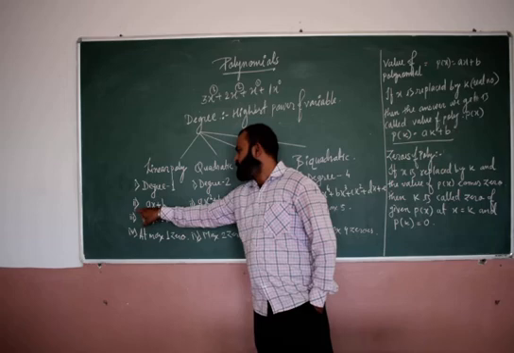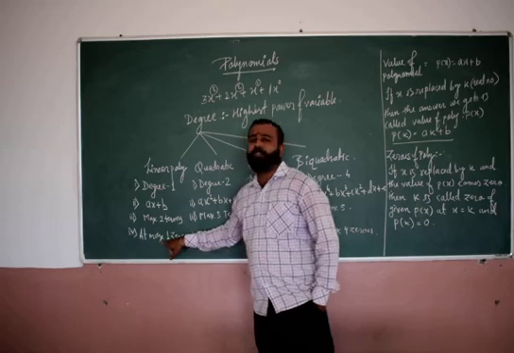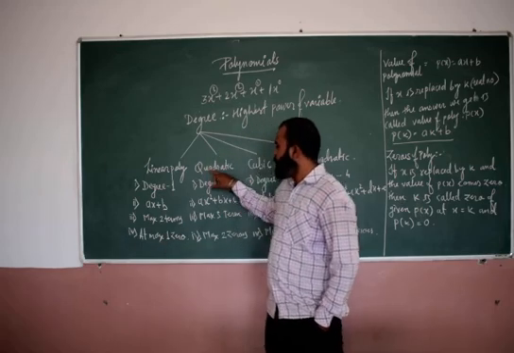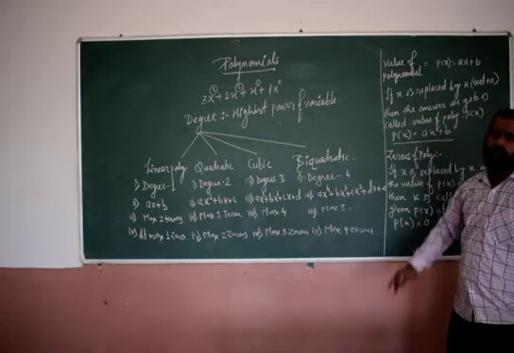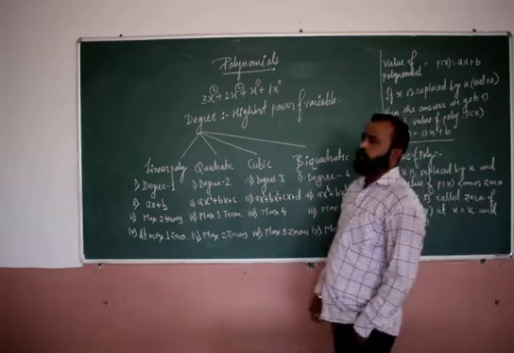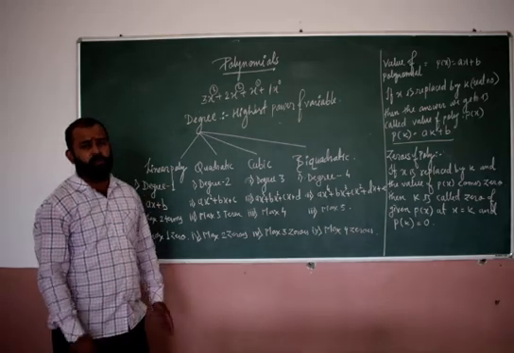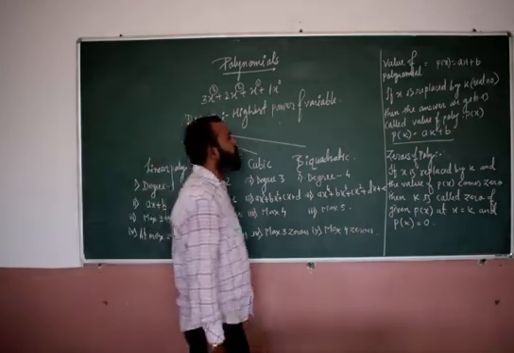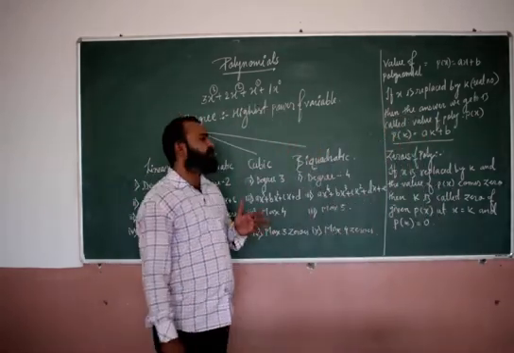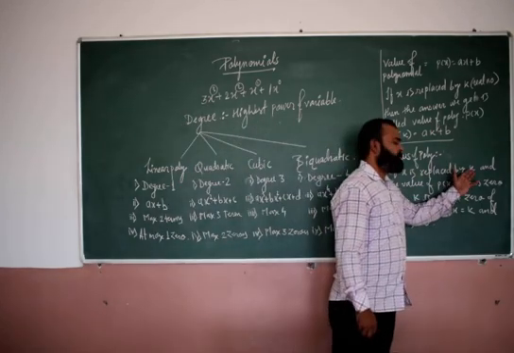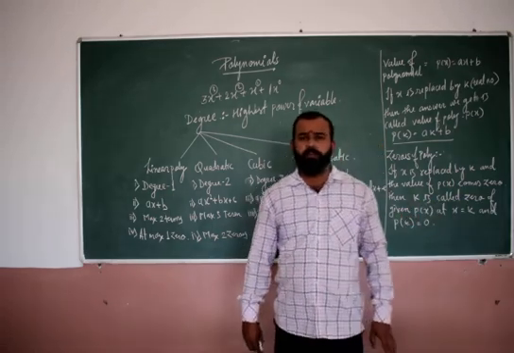Linear has degree 1, standard form, how many terms maximum, how many zeros maximum; quadratic same, cubic same, biquadratic same. Then we discussed the value of a polynomial. It means if we replace the variable in the polynomial by any real number, then whatever answer we get is called the value of the polynomial. And if the answer comes 0, then that real number is called the zero of that given polynomial.